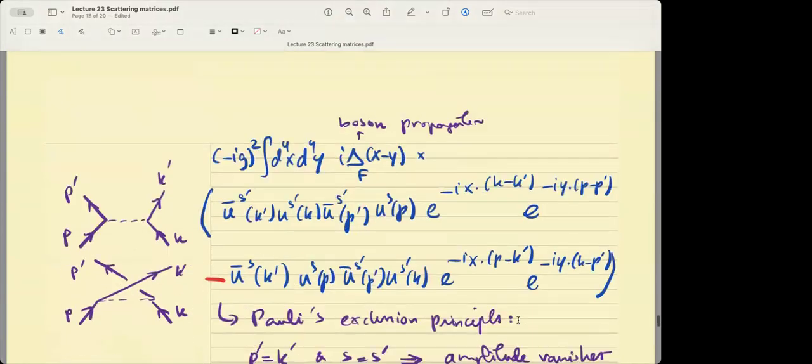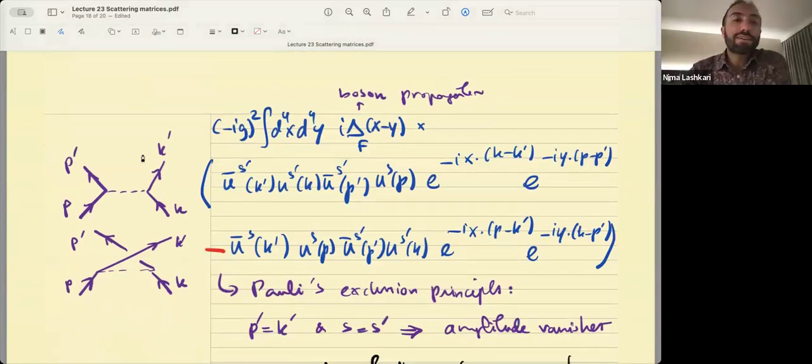Okay. All right, so here are the Feynman diagrams. I'm drawing the incoming particles at the bottom and the outgoing particles on the top. This is the convention I'm using; some people use different conventions.